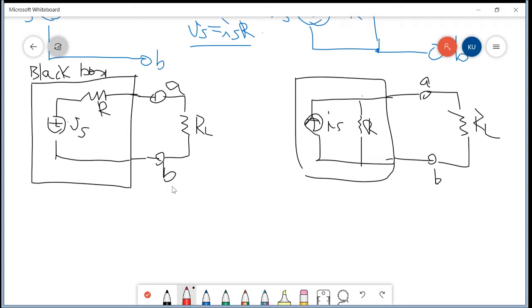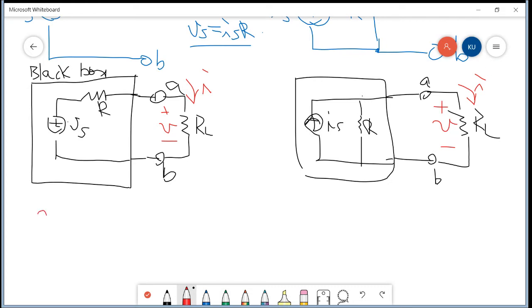Actually we can only know V here, and also we can only know the I going through. We cannot enter the black box to see what is inside. So we can only measure V and I for both cases.